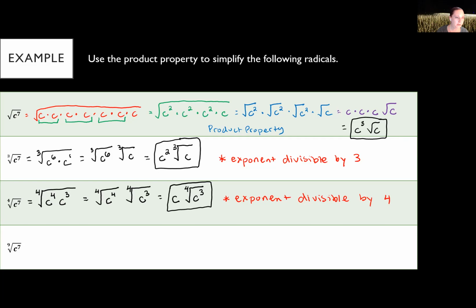In this problem, parentheses are not required to indicate a multiplier. That is correct. So I don't need to put parentheses because they're next to each other and it's assumed that they are multiplication. In general, you only really need to put parentheses if you've got numbers that are multiplied together, so that it doesn't look like, if you had 2 times 3, it doesn't look like 23.